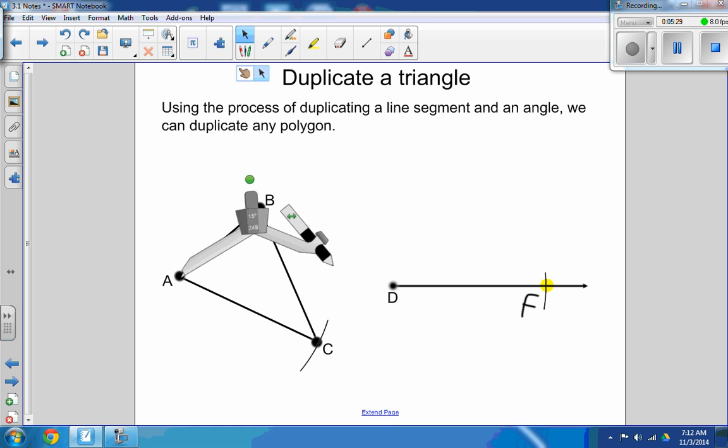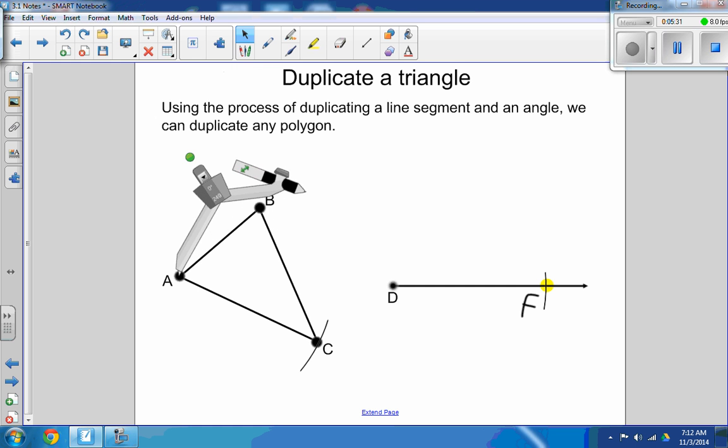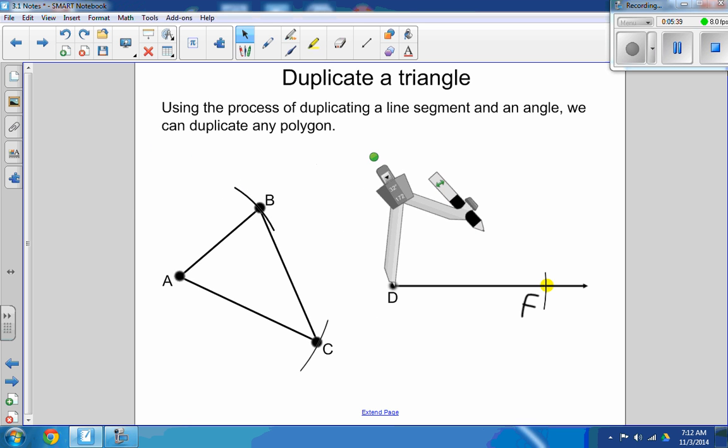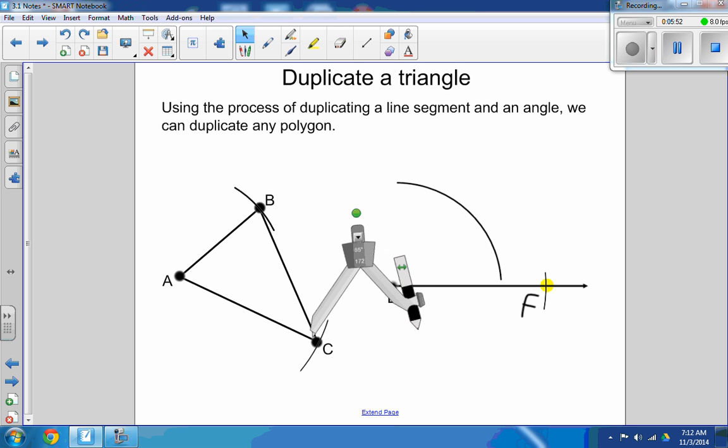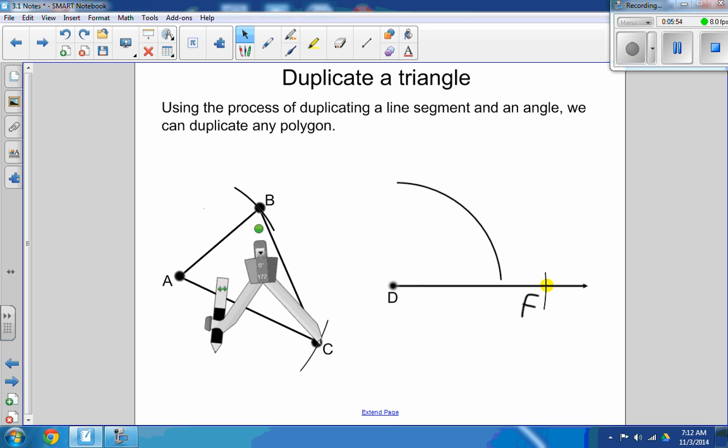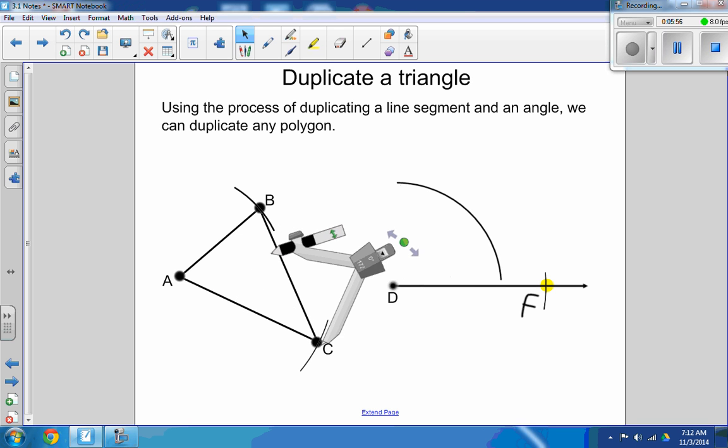Now I'm going to figure out the length of AB. There we go. That's the length of AB. I don't exactly know where I'm going to intercept this, so I'm just going to make a fairly large arc. Remember, that arc represents the length of AB. I'm going to do the same thing, except now I'm going to do the length of CB.